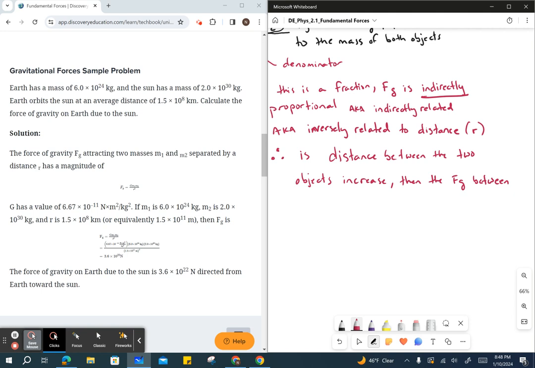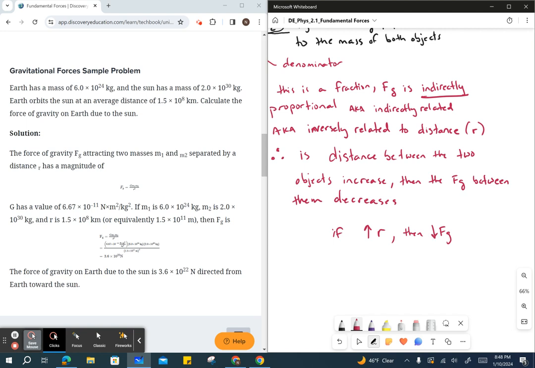So as r increases, then F of G decreases.